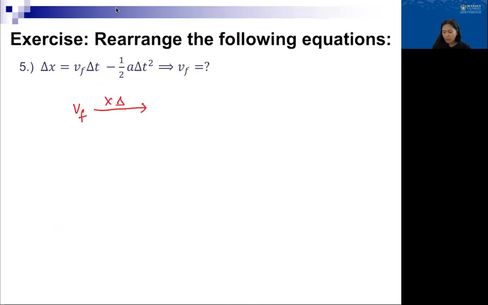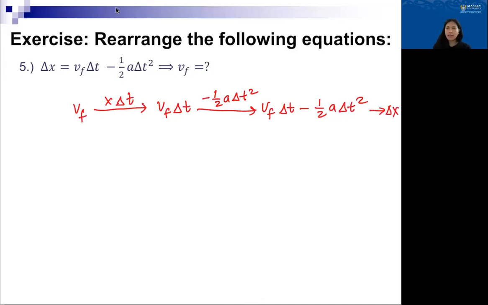We multiply that with delta t to have VF delta t. And then we subtract 1/2 a delta t squared. So you have VF delta t minus 1/2 a delta t squared. Yeah, and that builds up the equation for delta x.